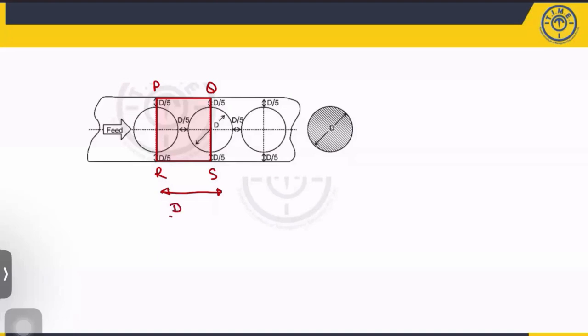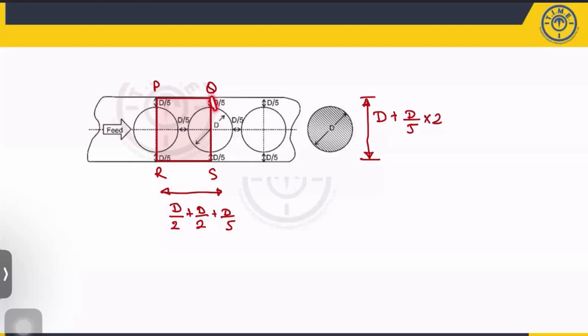This dimension is d by 2 plus d by 2 plus d by 5. Any problem? Can I write this dimension as d by 2 plus d by 5? That means this is d by 2, this is d by 2 because the total is the diameter, and this is d by 5. Similarly, I can calculate this particular dimension, which is nothing but d plus d by 5 into 2.